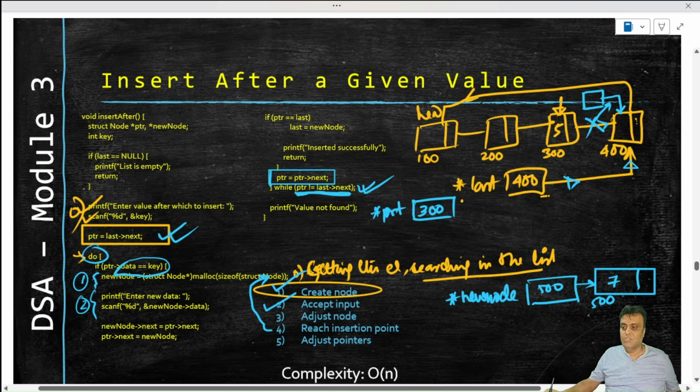So this arrow will cease to exist and this arrow should replace. So let us create this arrow first. This arrow means new node next is equal to pointer next. That's what we have written. New node next is equal to pointer next, right? And then the pointer next, this line we have to remove, right? So we have created this adjustment, but we have to also remove this line.